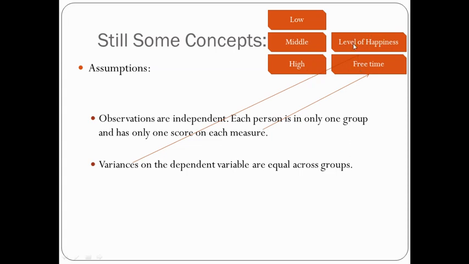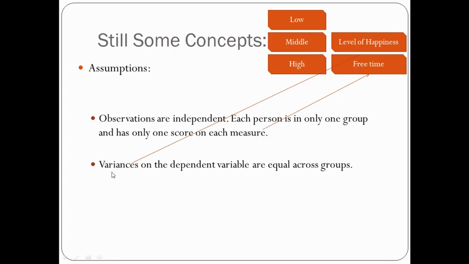So level of happiness is called dependent variable. When you compute standard deviation or variance or means, you're going to have the variance for low income group, variance for middle income group, and variance for high income group. Similarly, you have free time variance for low, middle, and high income groups.